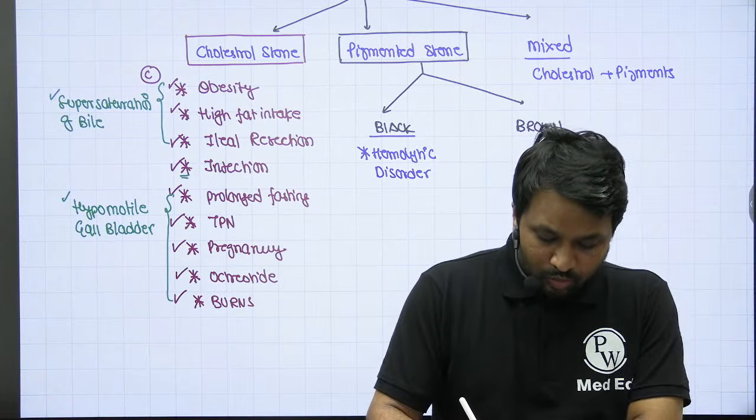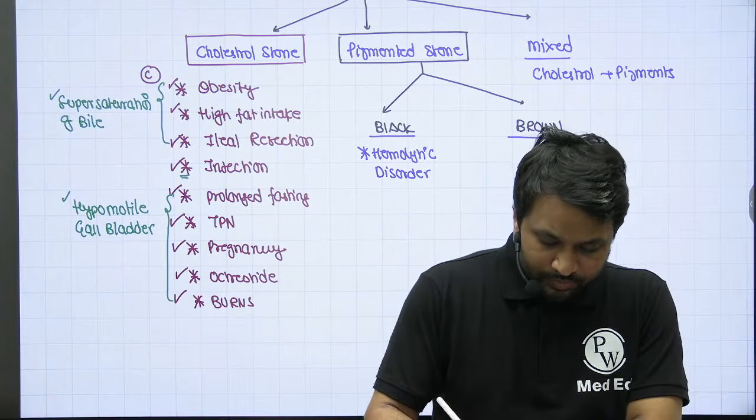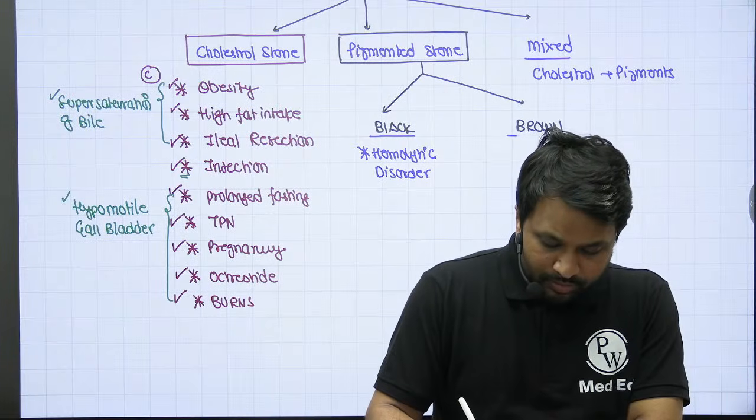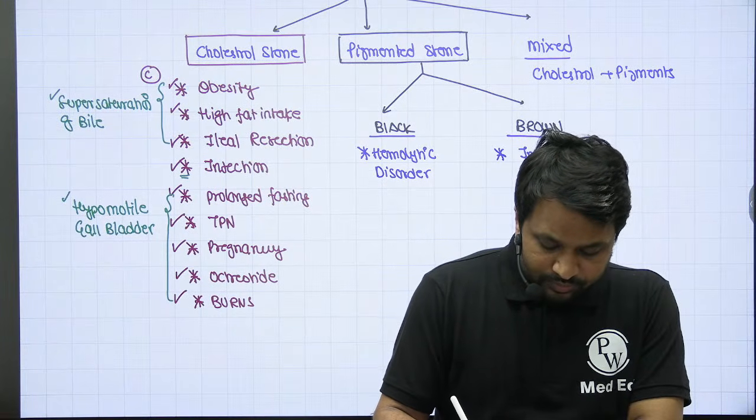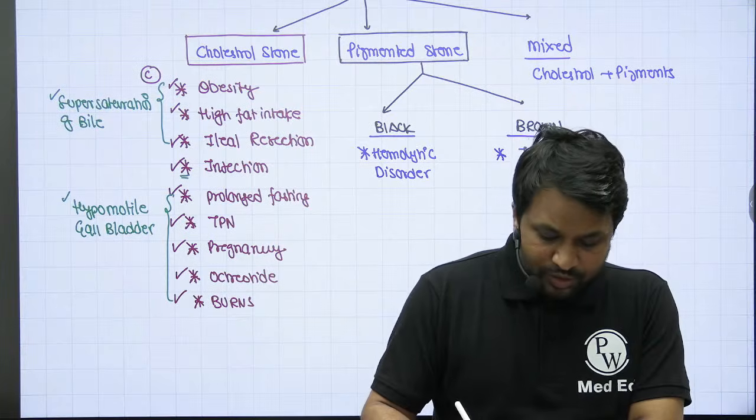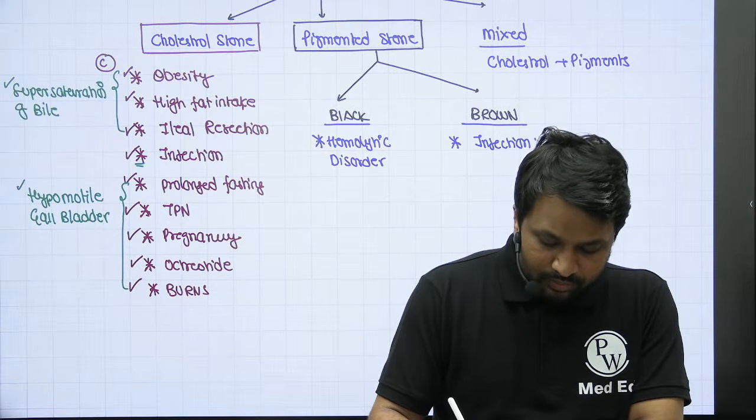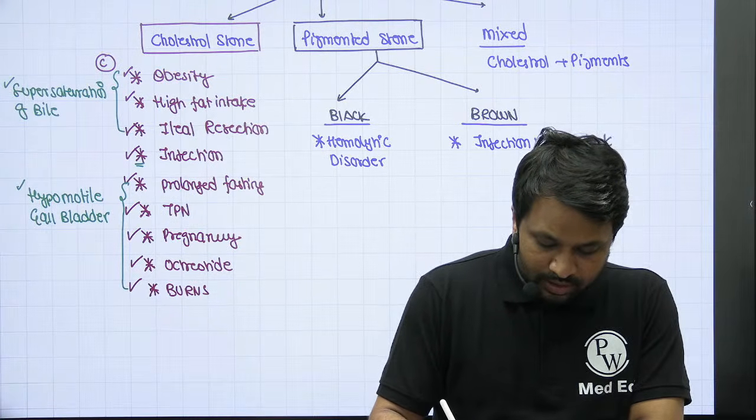Your brown pigmented stones are secondary to infection. So here infection is usually because of E. coli and Klebsiella.